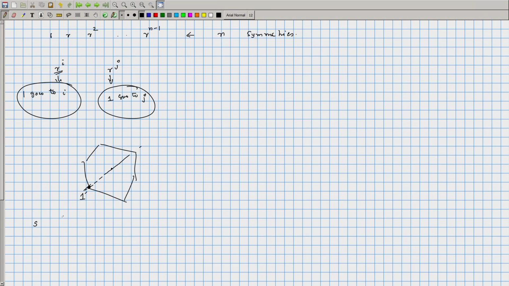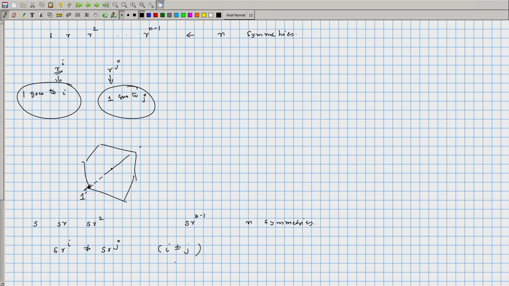Now, note that S, SR, SR square, all the way up to S r raised to n minus 1, these are n symmetries. These n symmetries are also going to be all different. That means S r raised to i is not equal to S r raised to j when i and j are different.